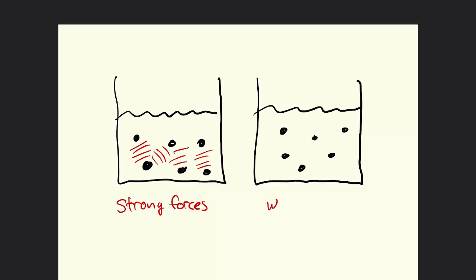Scenario number 2 is going to have weaker forces, which I'm going to indicate by less thick lines. In the scenario with weaker forces, that means that more particles are going to be able to escape the solution and become a vapor. So this is going to mean that we have a higher vapor pressure.